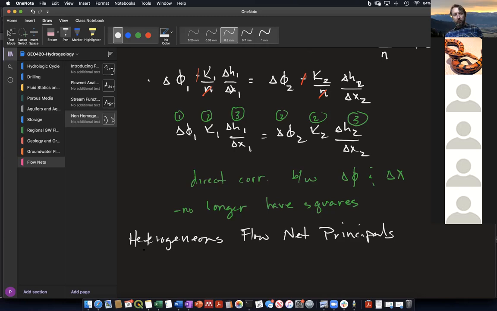Some basic principles that we can derive from this set of relationships up here, because the discharge remains constant.